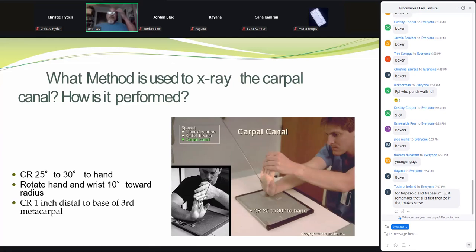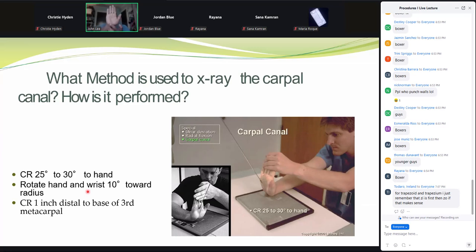This is the first of some of these questions that I was talking about. What method is used to x-ray the carpal canal? How is it performed? Well, it's performed by utilizing a central ray of 25 to 30 degrees towards the hand. Rotate the hand and wrist from vertical to 10 degrees towards the radius.